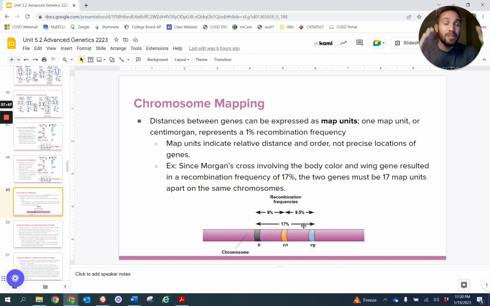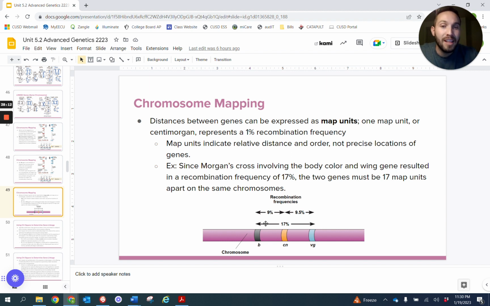Now these units are all relative, and so you could compare that to how many map units they are from other genes. If you look here, for this other gene, the eye color gene and the body color gene, the recombination frequency between them was 9%. So only 9% of the total offspring, when they did this special type of cross, had a recombinant phenotype.